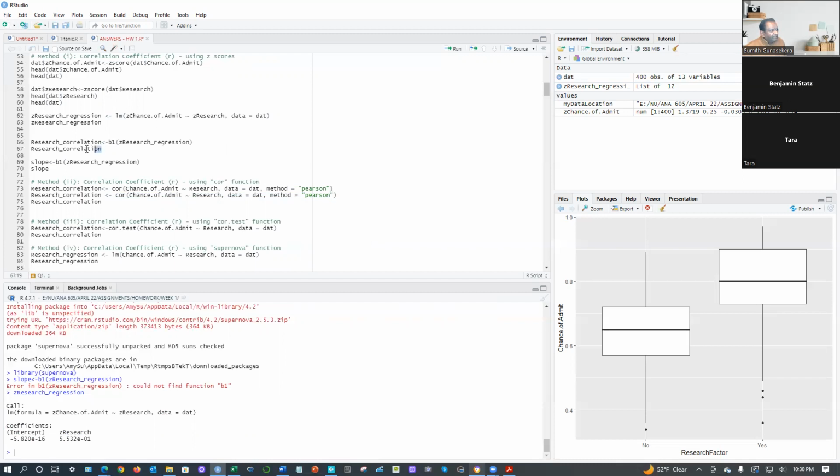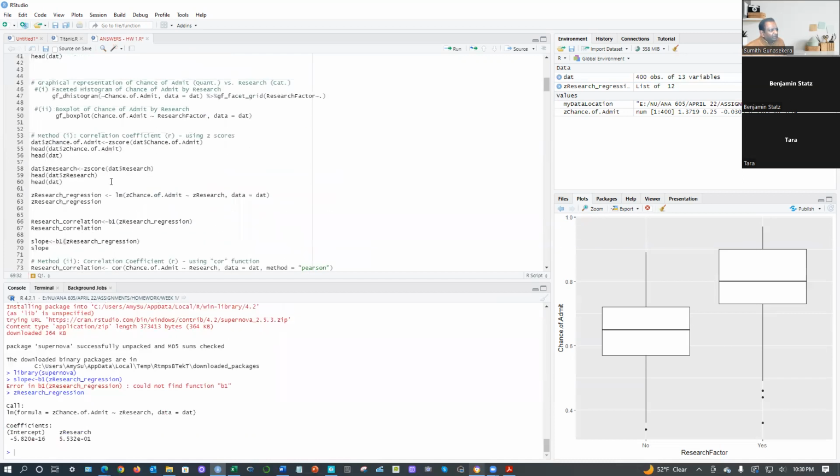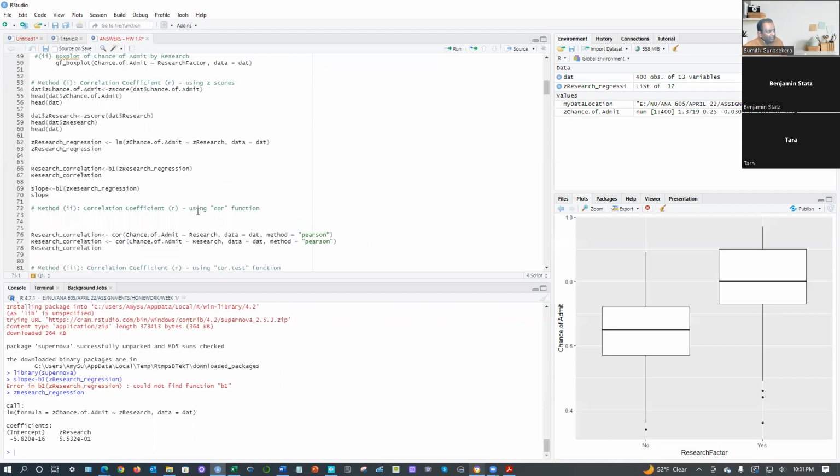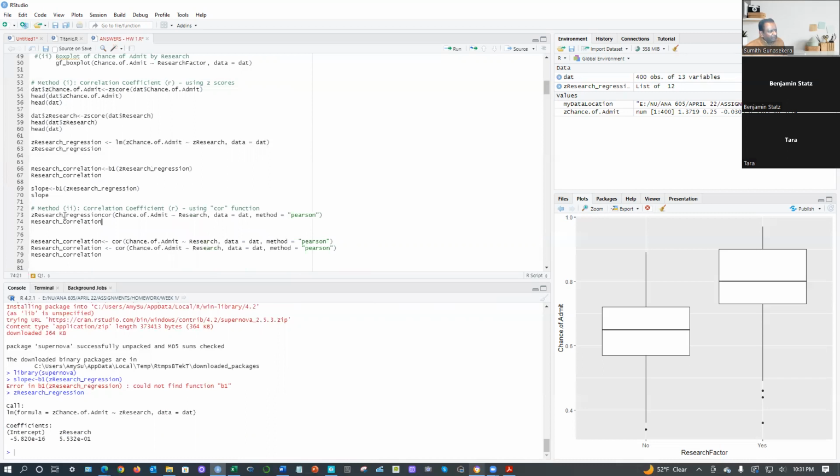Correlation, I can say research, no, regression. Not the regression, sorry, not that one. I had to run regression, okay? First I had to run regression, and then we can give a name for that one. I can say not the Z regression, regular regression name.